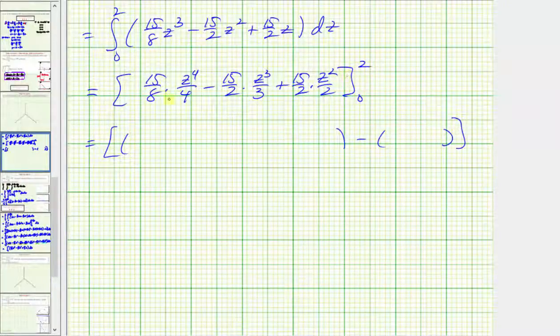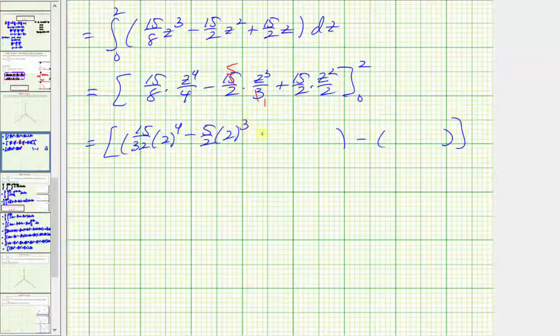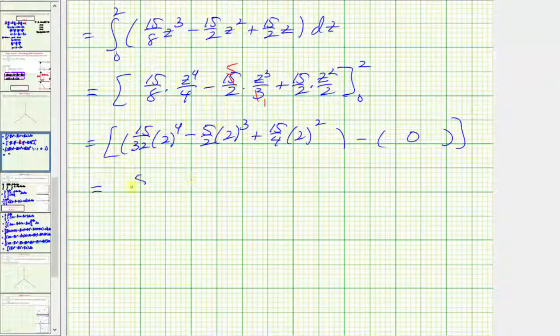So first, when z is 2, let's write this as 15/32 times 2 to the fourth minus, here we can simplify, there's a 3 and 3, and 5 3s in 15, so we'd have minus 5/2 times 2 cubed plus 15/4 times 2 squared. And then when z is 0, notice each term would be 0. So simplifying here, this simplifies nicely to 5/2, which equals 2.5.